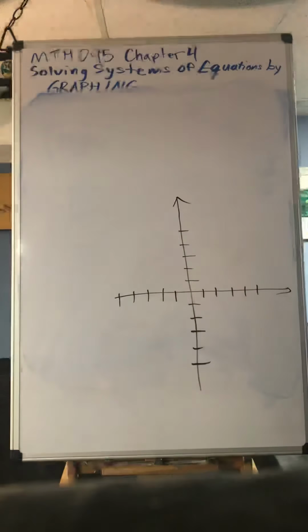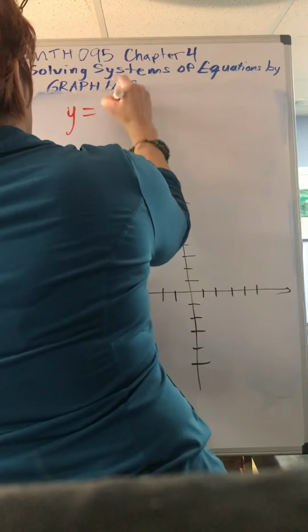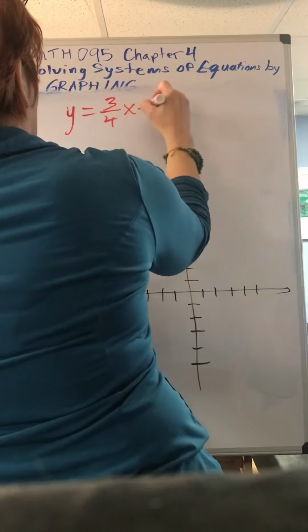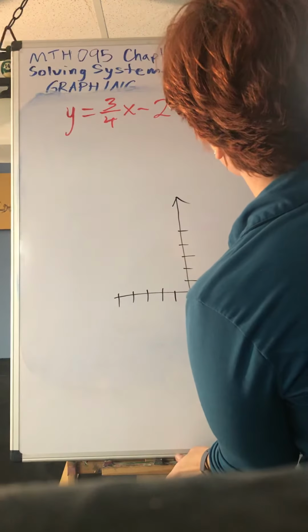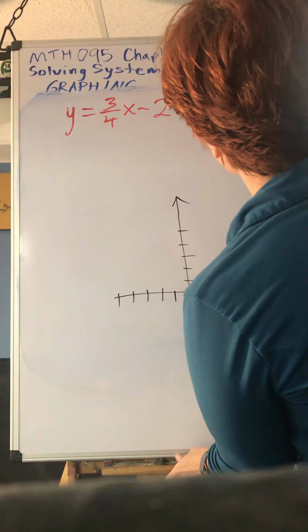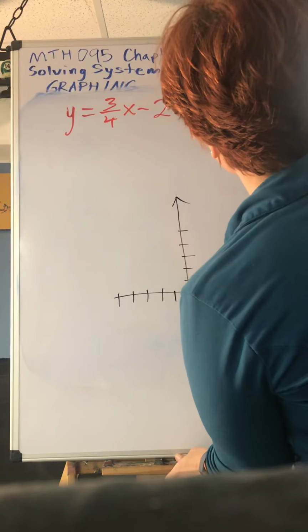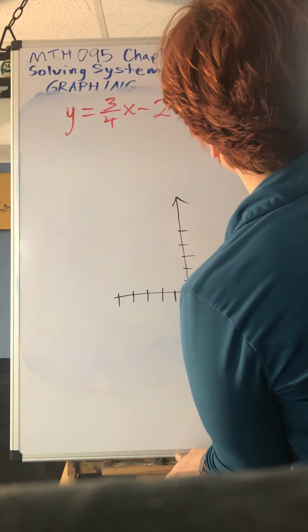Okay, so let's take a look at our first line. y is 3/4 x minus 2. In this case, the slope is 3/4, and the y-intercept is (0, -2).